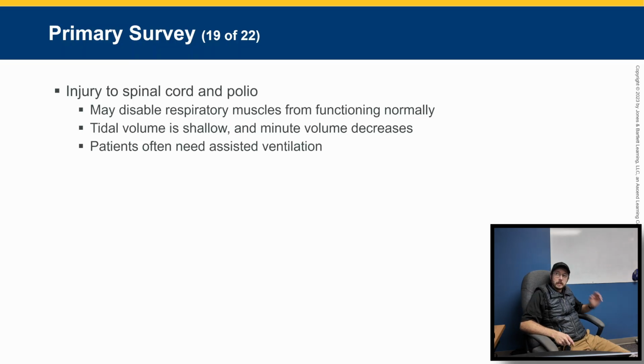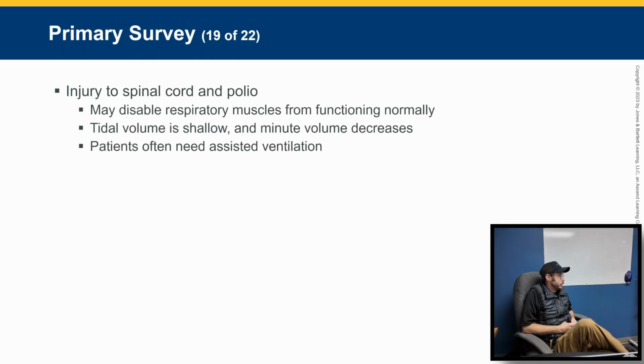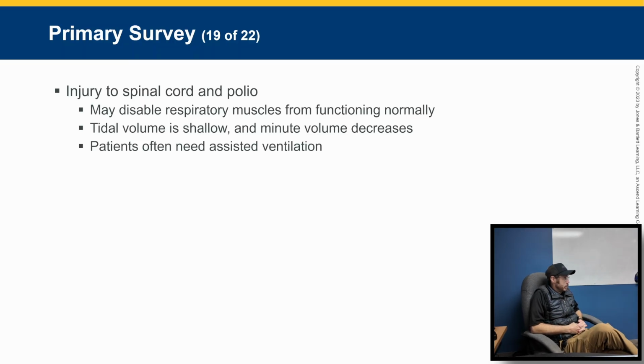All right. Injury to the spinal cord. Why would that be a problem with the respiratory system? It regulates it. That's right. So two problems. One is a disruption of the signal getting from the brain to the diaphragm. If the diaphragm's not moving because there's no signal getting to it, what's not happening? Ventilation, right.